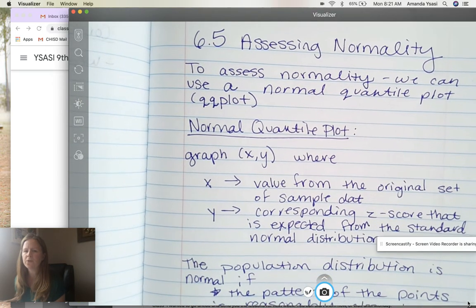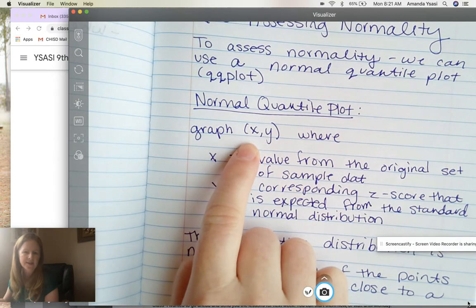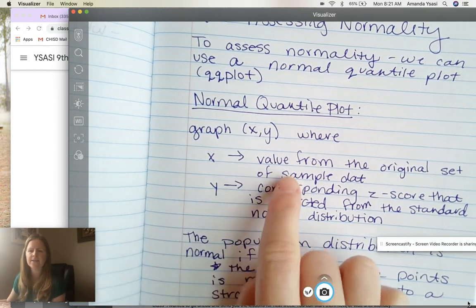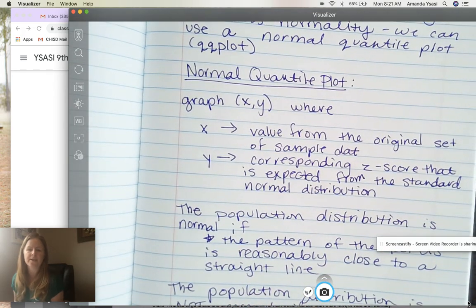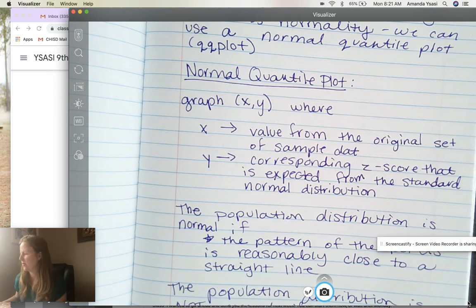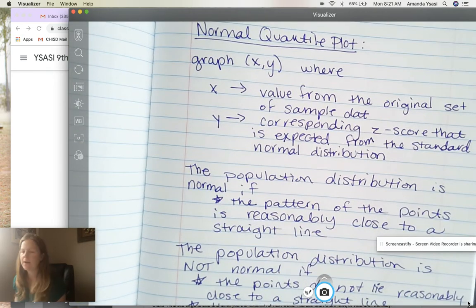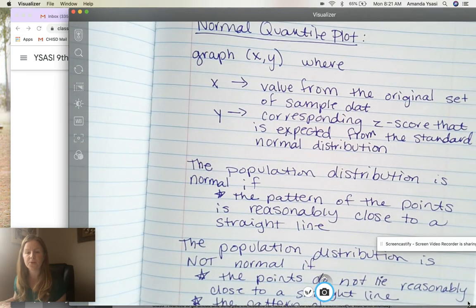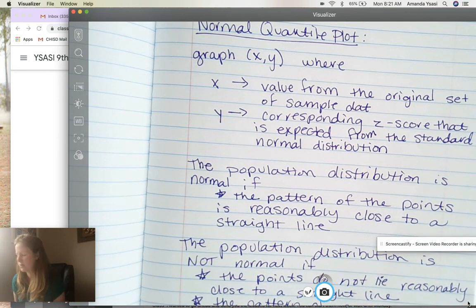For a normal QQ plot, we graph points X and Y, where X is the value from the original set and Y is the corresponding Z-score that is expected from the standard normal distribution. So it's going to create a graph. And the population distribution is normal if the pattern of the points is reasonably close to a straight line.